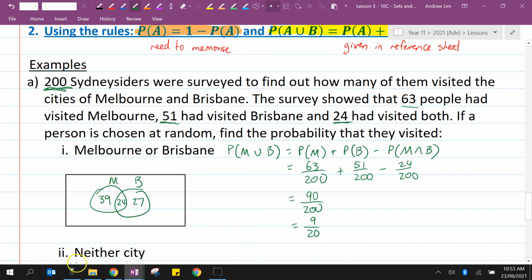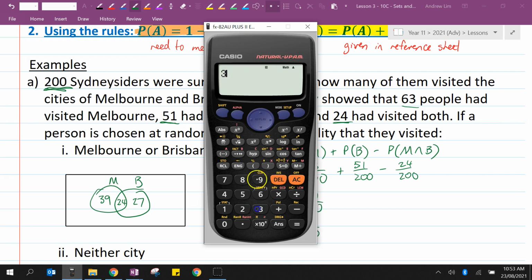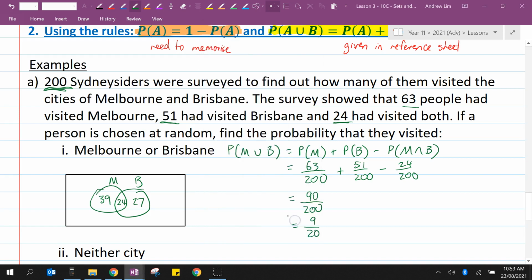And so if we were to add those three numbers together, 39 plus 24 plus 27, we'll get 90 out of the 200. Let me just complete this Venn diagram because there is a number missing, and that's 200 minus 90, which is 110. Did not visit either Melbourne or Brisbane.